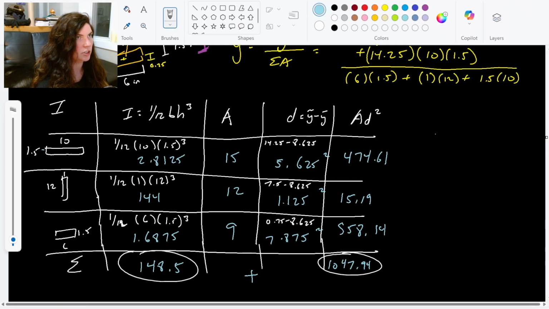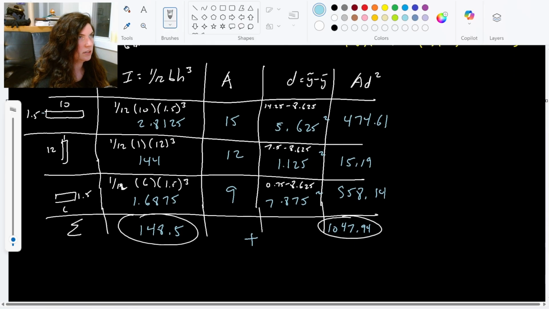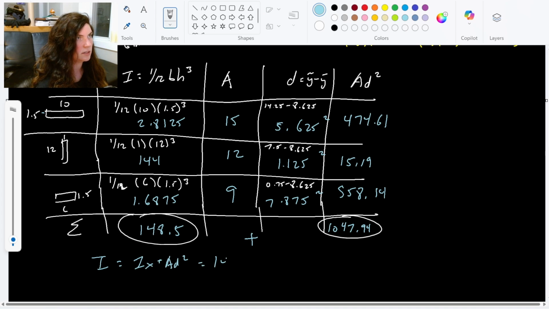Our moment of inertia equation, I equals Ix plus AD squared. So we already did all the heavy lifting of adding everything else. 148.5 plus 1047.94 gives me a moment of inertia of 1196.4 inches to the fourth.